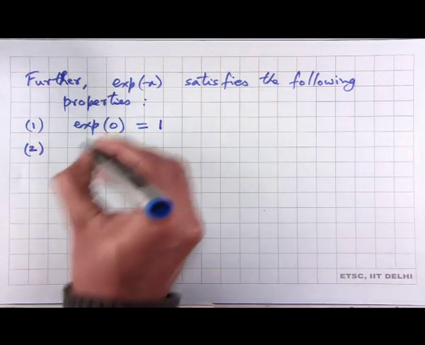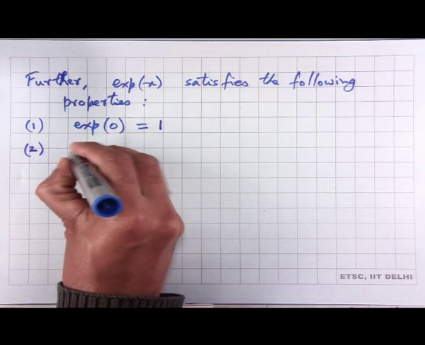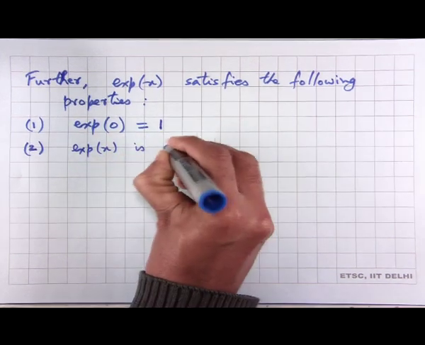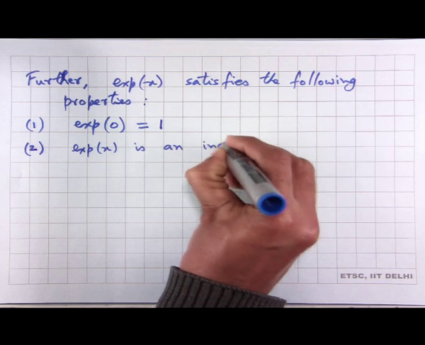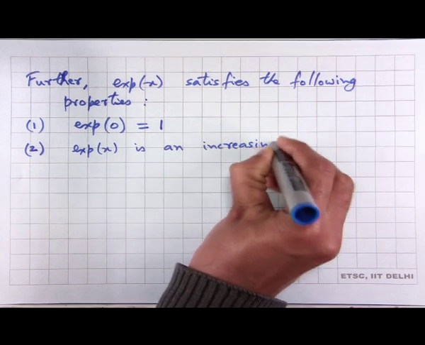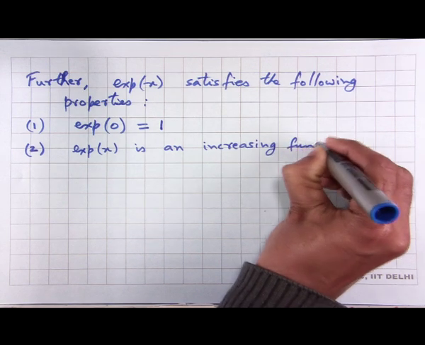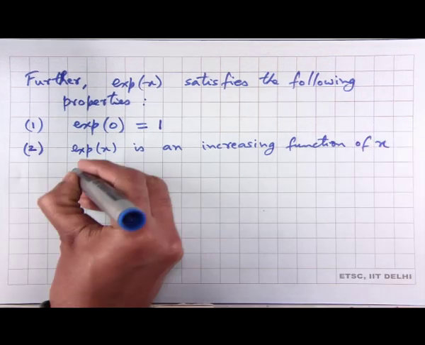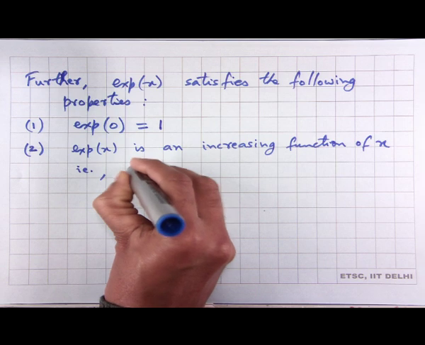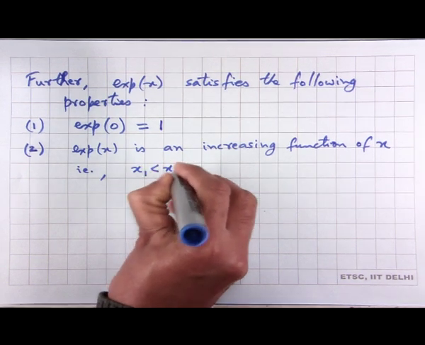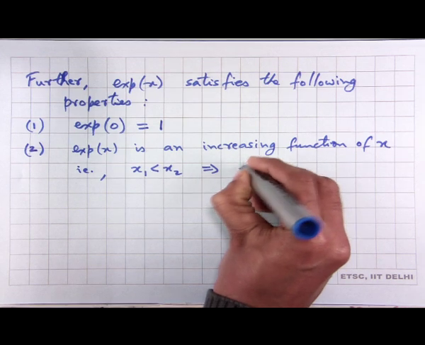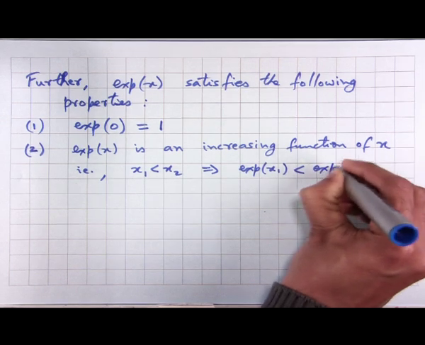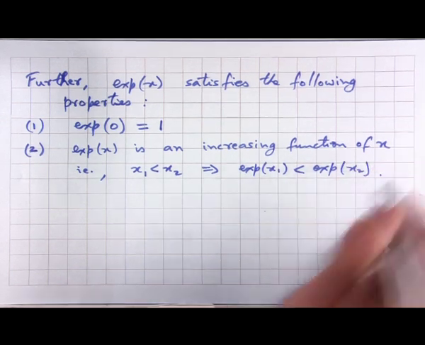Second thing is that exp(x) is an increasing function of x, that is, x1 less than x2 must imply that exp(x1) is less than exp(x2).